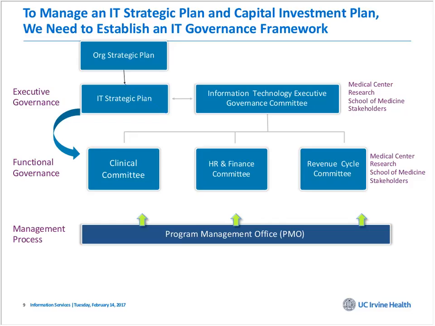With a functional governance, as you'll see, we have a clinical committee. Under that is the research. We've got data governance within that group as well. Then you have your HR finance, that's your general finance group, and then the revenue cycle committee. Again, you have the medical center, research, school of medicine, and this is where most of the work gets done.